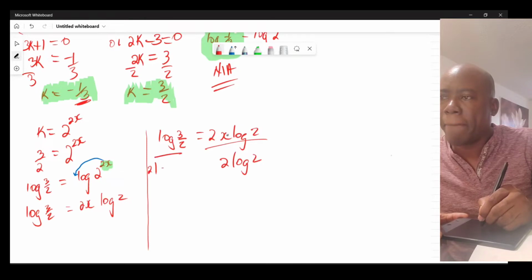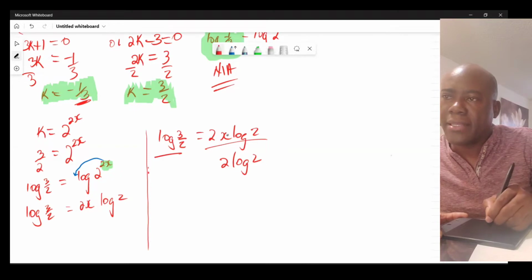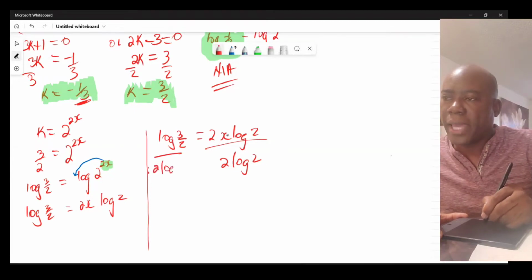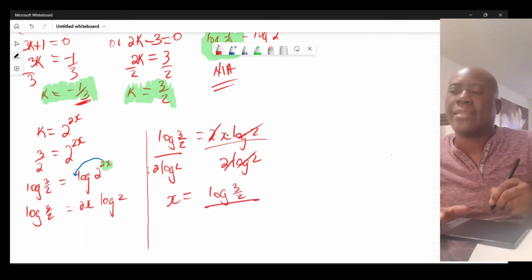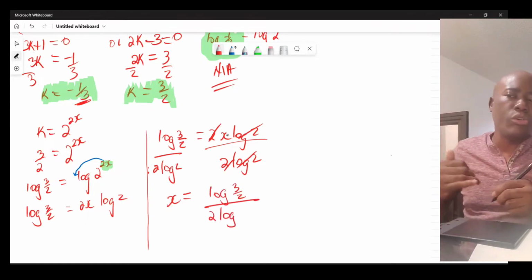Sorry about that. So this is 2 log 2, and you can see that these cancel here. So at the end of the day, x is equal to the log of 3 over 2, over 2 log 2. And that's it, so that's the solution for x.